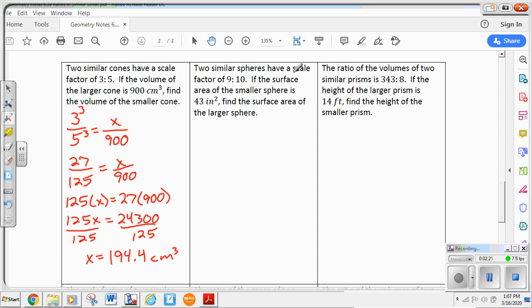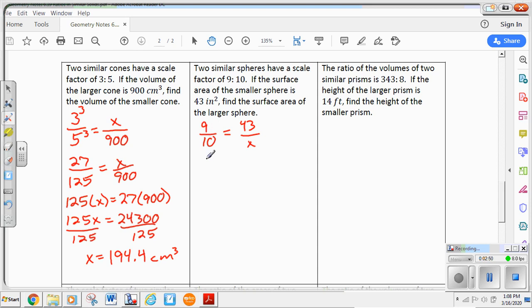Two similar spheres have a scale factor of 9 to 10. If the surface area of the smaller sphere is 43 inches squared, find the surface area of the larger sphere. 9 over 10 is small over large. If the small sphere area is 43, then 43 is the numerator. Large will be the denominator.